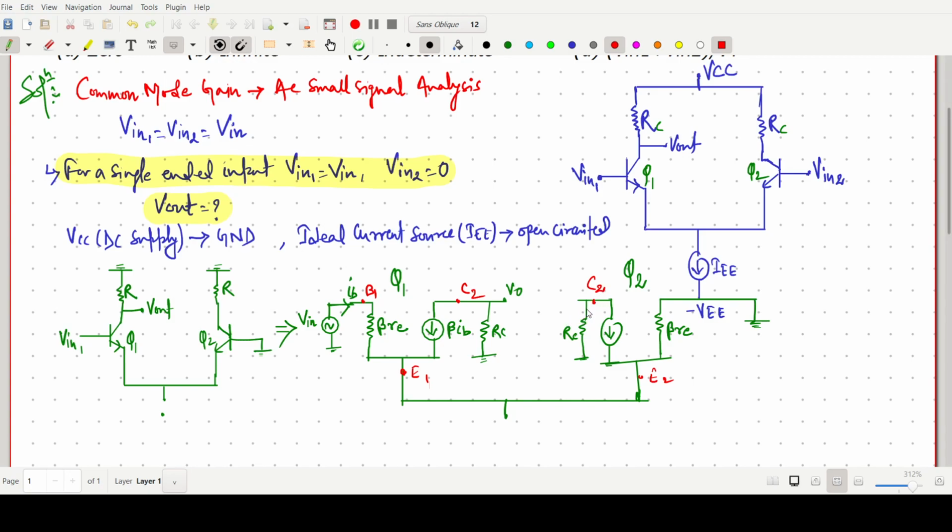R2 is there, and B2 is grounded. Now next, if we make a closed loop, suppose this one is our closed loop, the yellow one.